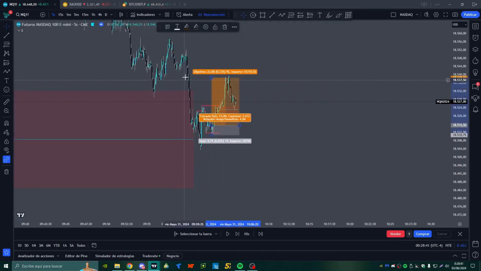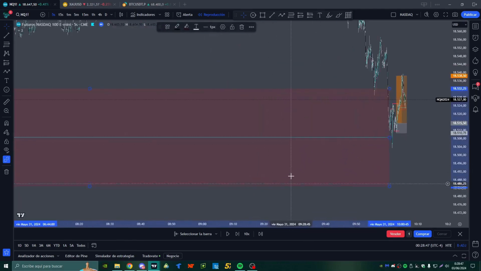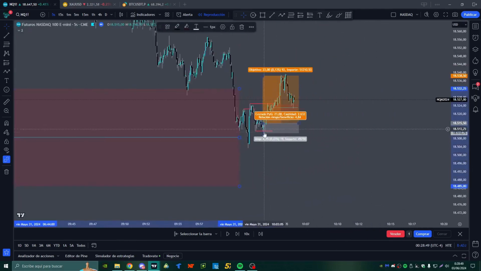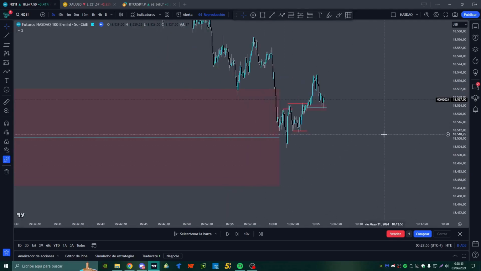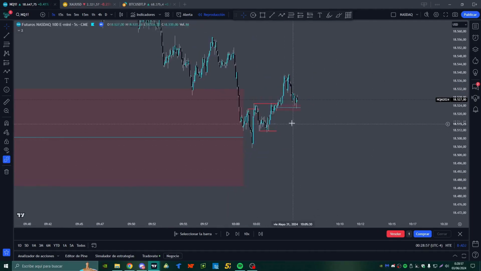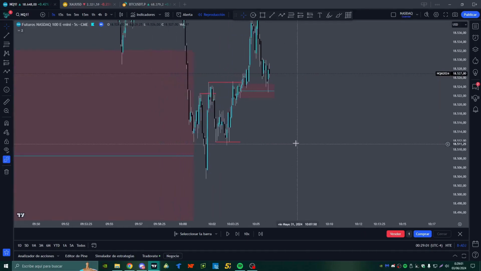Even looking at it through fractals, it would be an even better target than grabbing this 1-to-1 from here. So a better ratio for the same target, and we're going to risk fewer stop loss points. As I said, it is ultra precise.